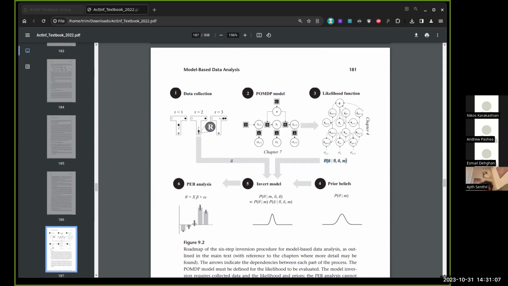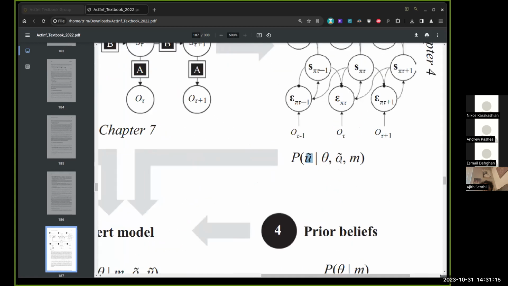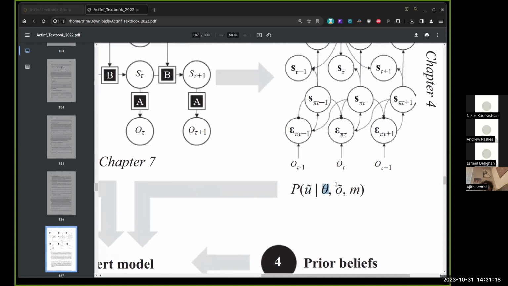And then we're going to get a likelihood function for saying what's the likelihood of a given behavior conditioned upon the parameters, big theta, all the parameters, the sequence of observations received, and the generative model, M. That is kind of what the subject is doing, this likelihood calculation: what's the likeliest behavioral sequence given basically all the parameters accessible to me, the cognitive model, as well as the observations.